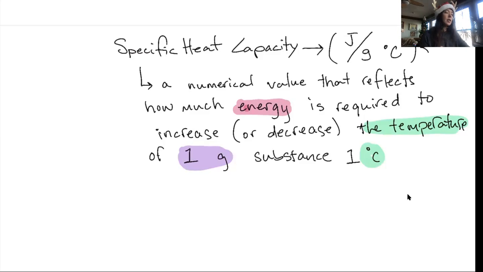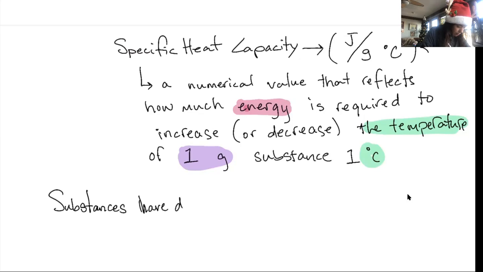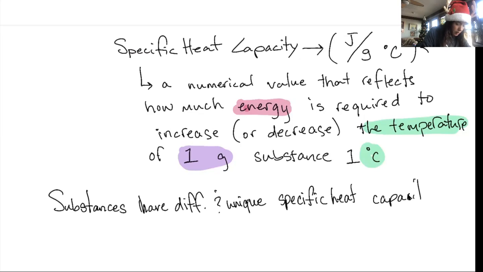Okay, different substances have their unique specific heat capacities. Remember that to use the word substance, it means it's pure. Substances have different specific heat capacities unique to them, right?